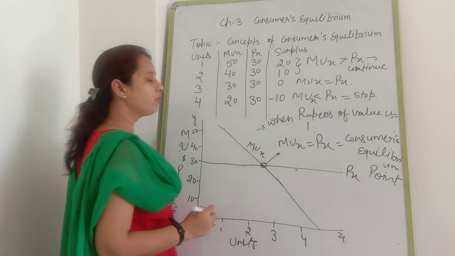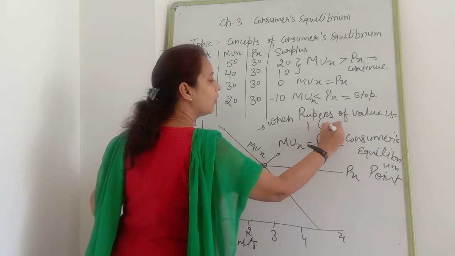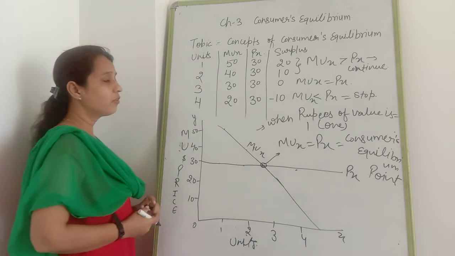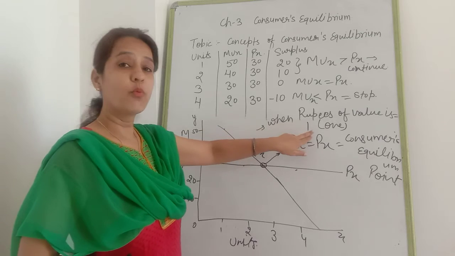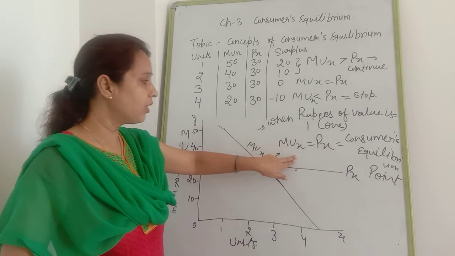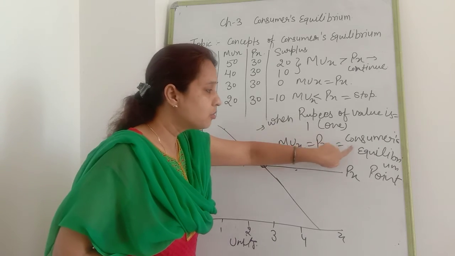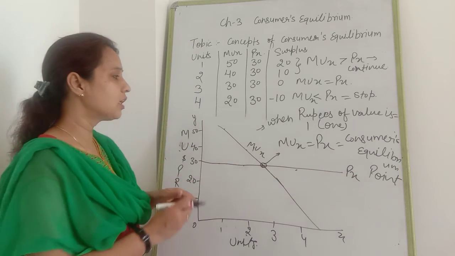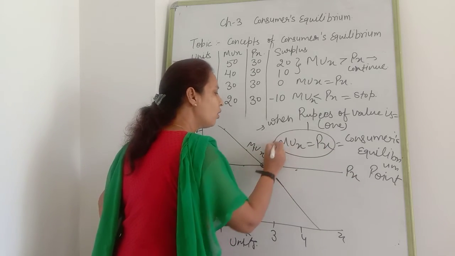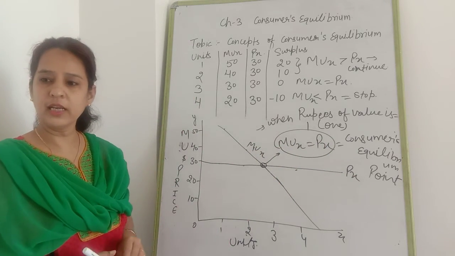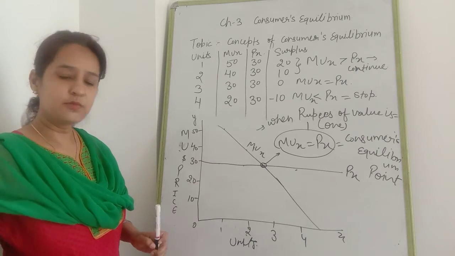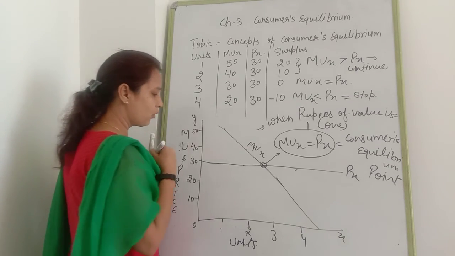You have to write at the top when the value of rupees is 1. In the question it is given, then we can calculate the consumer equilibrium point through this equation, MUX equal to PX. You can see very easily. Now this will be your equilibrium point.